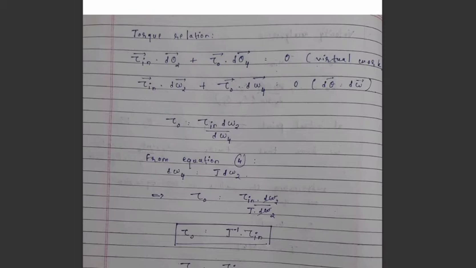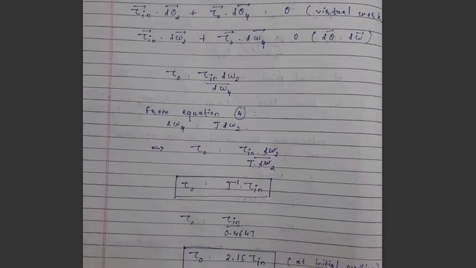Now, it was given that we also have to find the torque relation. We found the torque relation using the virtual work concept. According to the virtual work concept, the total work is equal to 0. Through this we get tau input times d theta 2 plus tau output times d theta 4 is equal to 0.